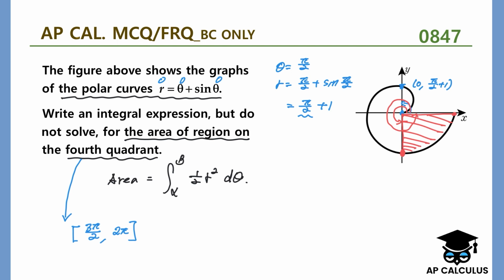Our integral expression must be equal to the integral from 3 pi over 2 to 2 pi of 1/2 times r squared. R is theta plus sine theta, so theta plus sine theta squared d theta. That's our area of the region in the fourth quadrant of this polar curve.